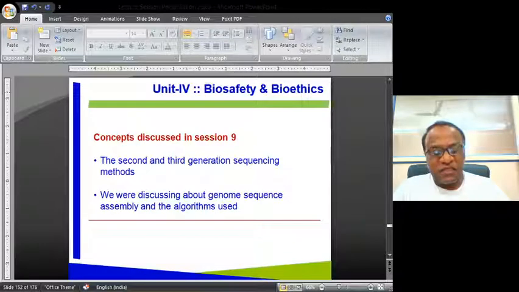Following genome sequencing, in the workflow of bioprospecting, we have genome assembly. We were also discussing genome sequence assembly and the algorithms being used for the process of assembly.